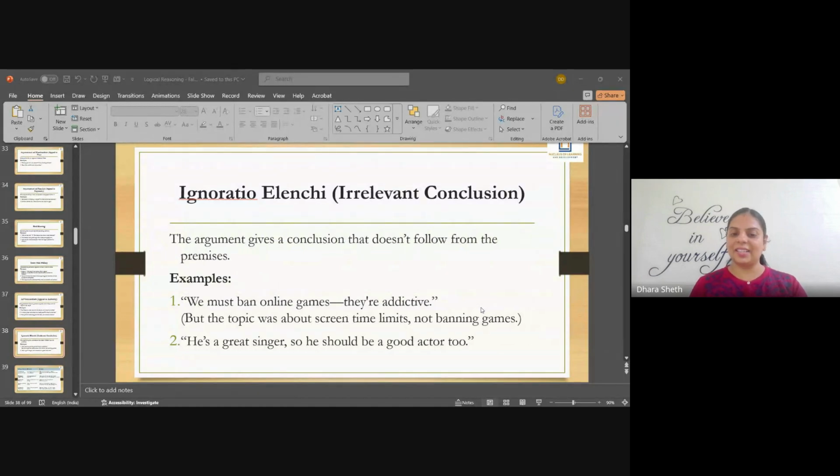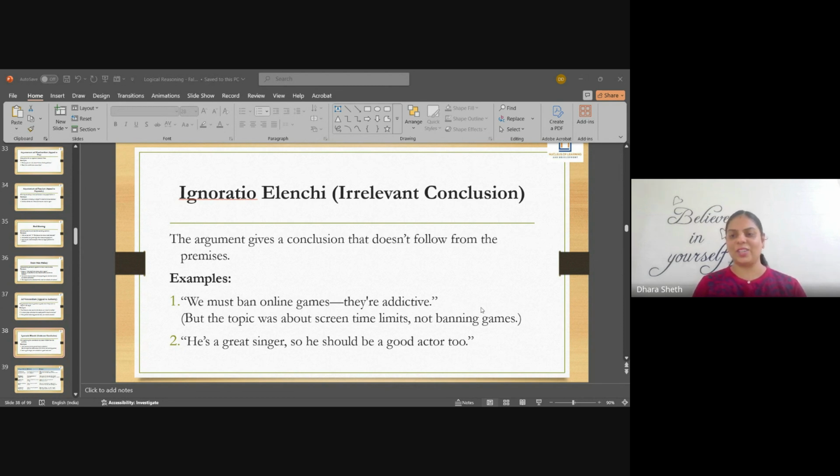He is a great singer, so he should be a great actor too. Because he's a great singer, he should be a great actor. Now that is an irrelevant conclusion. You don't know about his acting skills. Like recently in a dance reality show, there was a dancer who won the first prize, but he sings very badly.